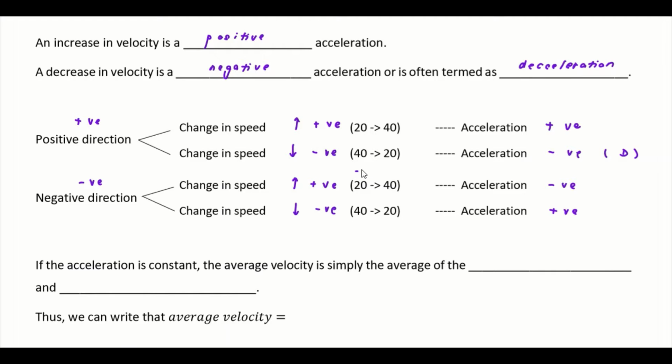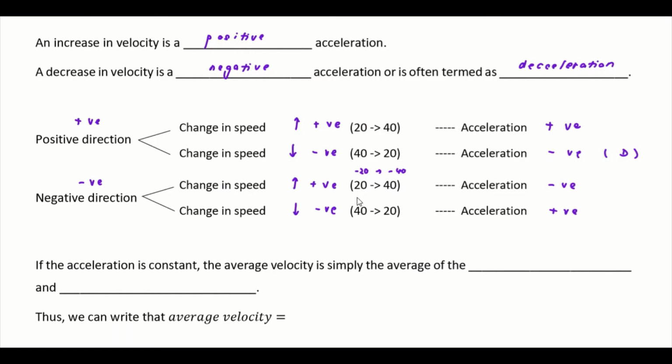It's going to be negative 20 to negative 40. Although the number is getting bigger, meaning the magnitude is getting bigger, in mathematics negative 20 is bigger than negative 40. So when you use this number minus this number, you still get a negative number, so the change will be a negative one.